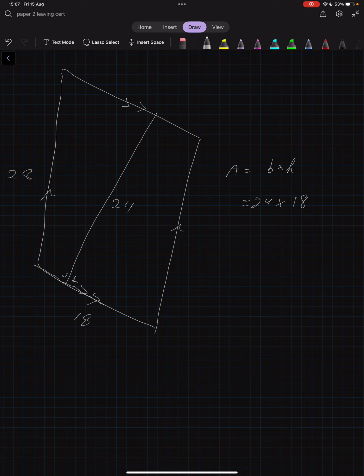But let's say they told you this length here was equal to 10. Then you'd say it's 10 multiplied by 28. Okay? That's all. So the height is always compared to what base. Okay?